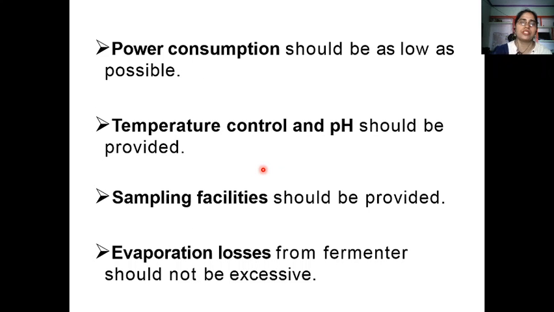Power consumption, what is the power consumption? If the power consumption is high, then the cost of the bioreactor is increased, as well as the maintenance of the bioreactor, and that affects the cost of your product. So that's why it's important. Power consumption, temperature control, pH control, sample facility is available, evaporation losses are not very high. So these are the factors.